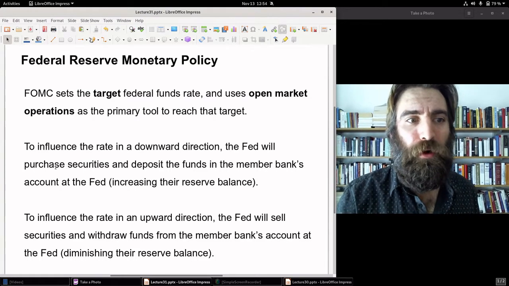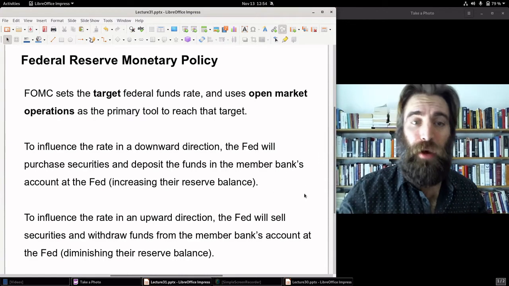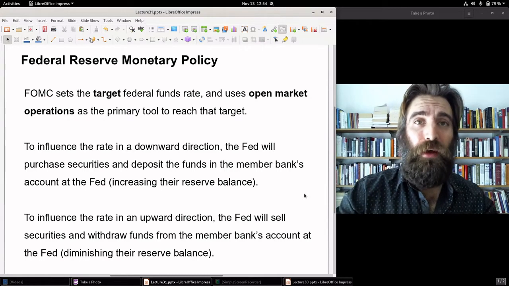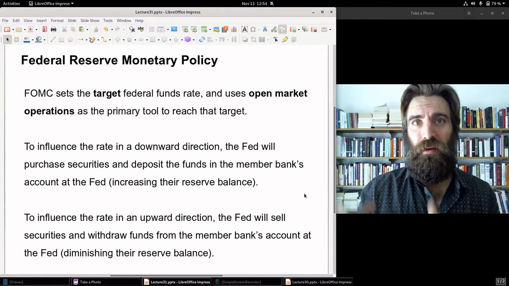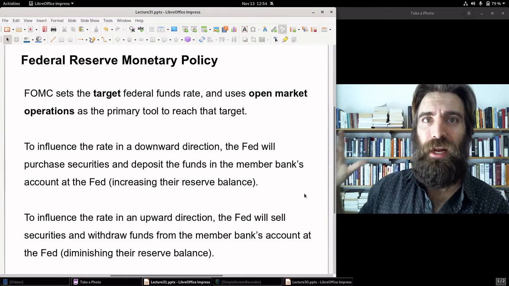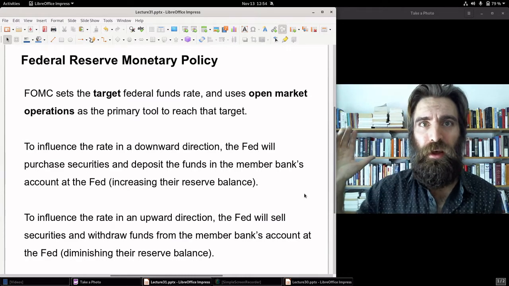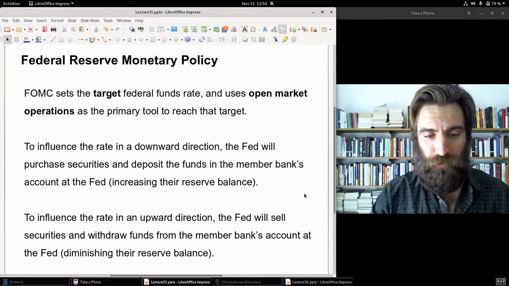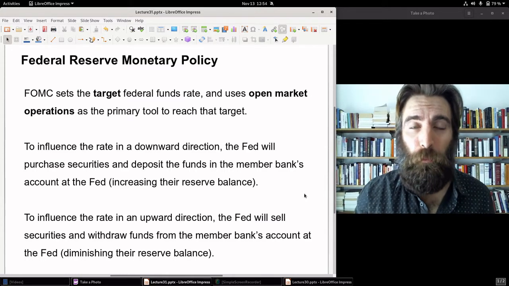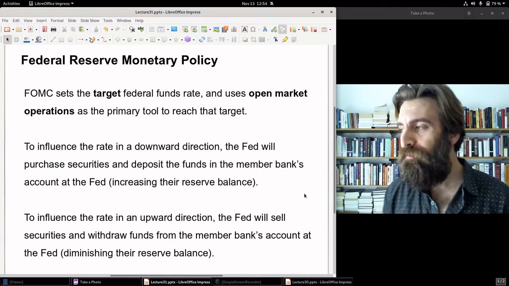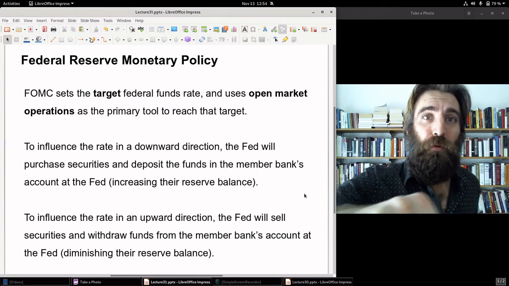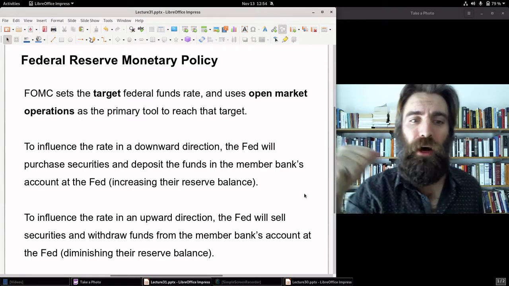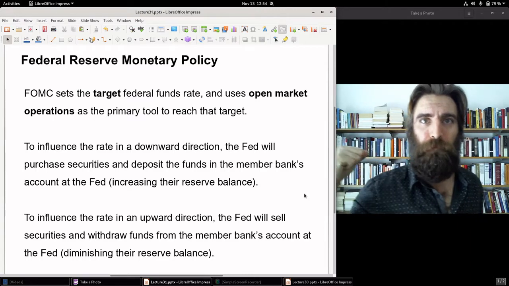Well, instead of purchasing securities and depositing funds in member banks' accounts, the Fed will sell securities, sell its assets, and then primary dealers will buy those securities from the Fed, and then the Fed will get money for that sale by withdrawing funds from the member bank's account.